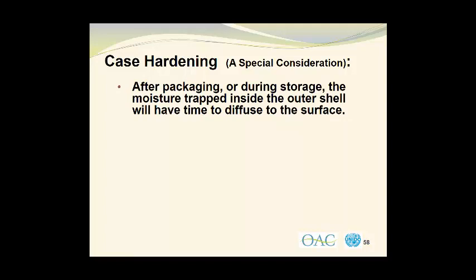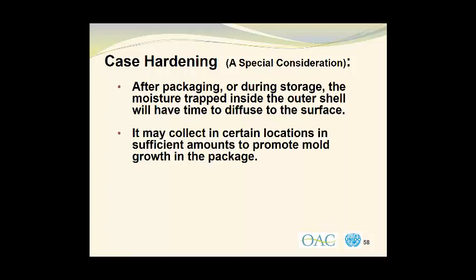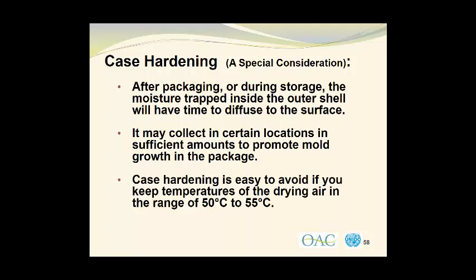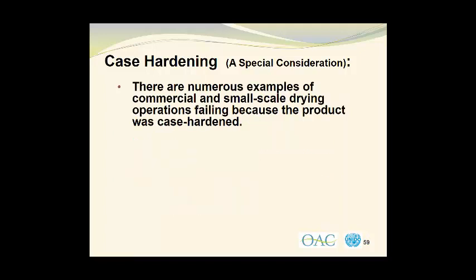After packaging or during storage, the moisture trapped inside the outer shell will have time to diffuse to the surface. It may collect in certain locations in sufficient amounts to promote mold growth in the package. Case hardening is easy to avoid if you keep the temperatures of the drying air in the range of 50 to 55 degrees Celsius.